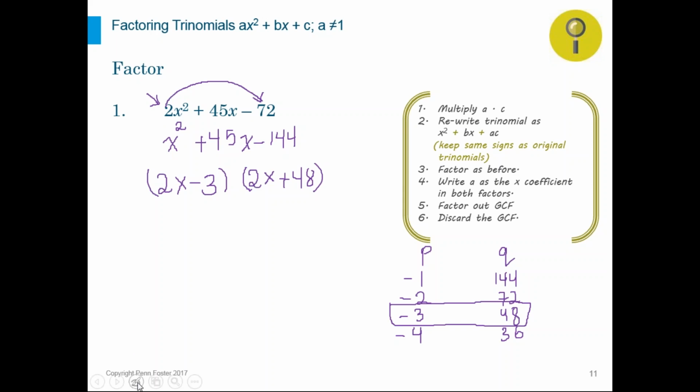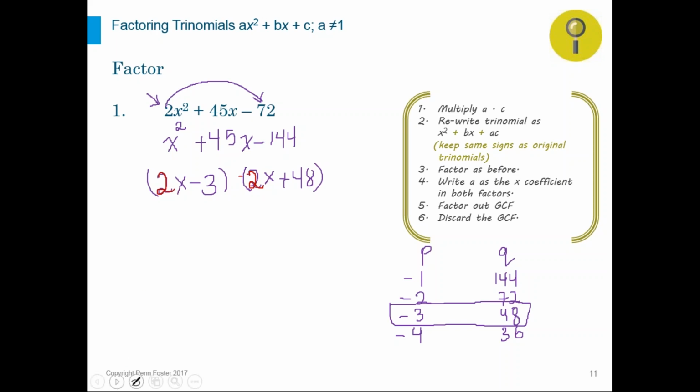I want to color code that because this is an important step in our method here. 2 and 2. I just brought in the coefficient that appears in the original trinomial before the x squared. I'm going to bring it into the x here and to the x here. I'm going to multiply 2 times x and 2 times x.